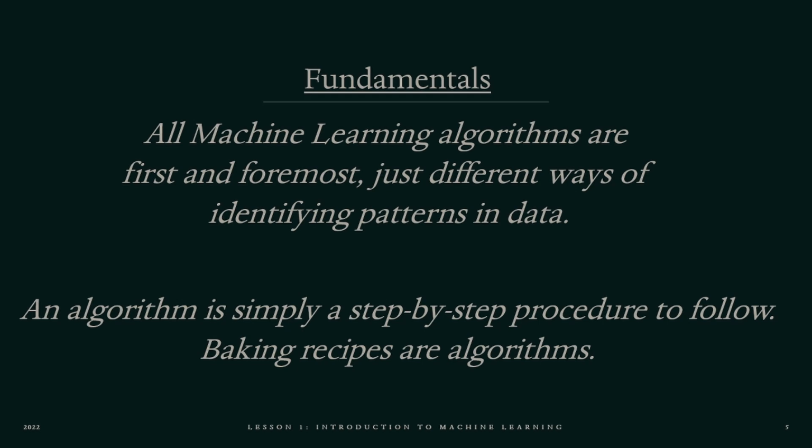An algorithm is simply a step-by-step procedure to follow, like a baking recipe or a step-by-step tutorial. If you're watching a YouTube video on how to bake a cake, or reading a recipe, you get your eggs, get your flour, mix it all together, maybe add some milk or water. Step-by-step process. That's an algorithm. The words recipe and algorithm are interchangeable. They mean the exact same thing.